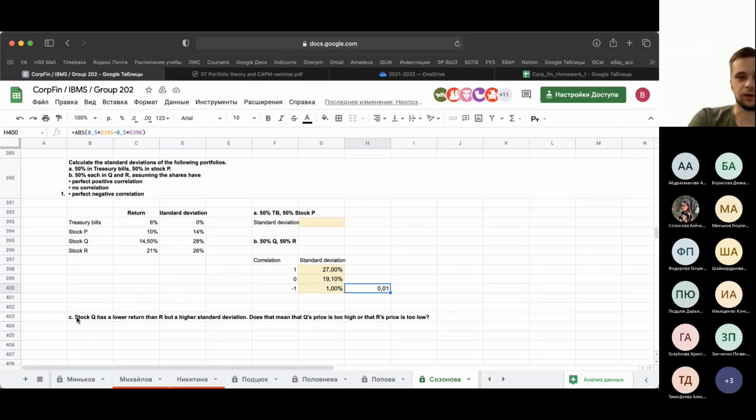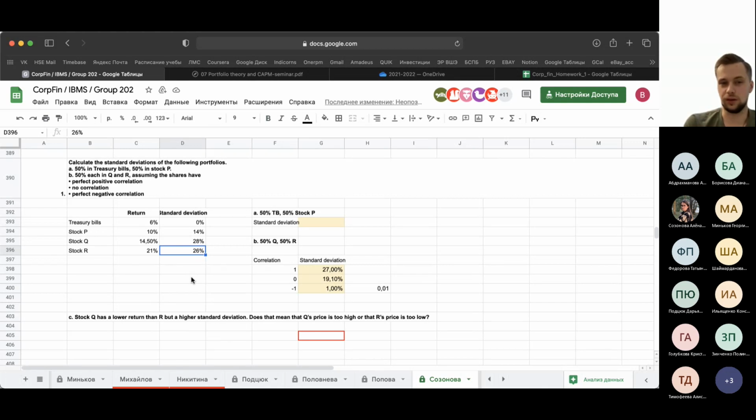And I have a question here. Stock Q has a lower return, 14.5 compared with 21 of stock R, but a higher standard deviation, 28 compared with 26. Does that mean that the price of stock Q is too high, or the stock Q is overvalued, or that the price of R is too low, or the stock R is undervalued?